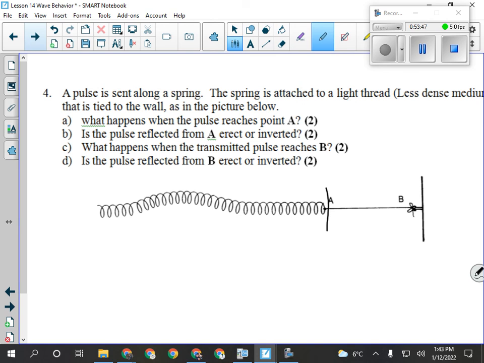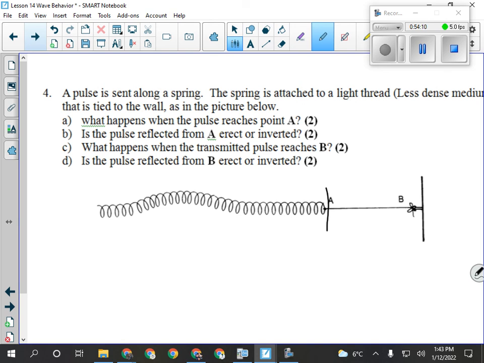The thread, yeah, it's much lighter. Okay, so is my reflection going to be upright or inverted, if I'm going from slow to fast? Upright. So I'm going to get a small upright reflected wave, and I'm going to get another wave that's upright that's traveling into the thread.